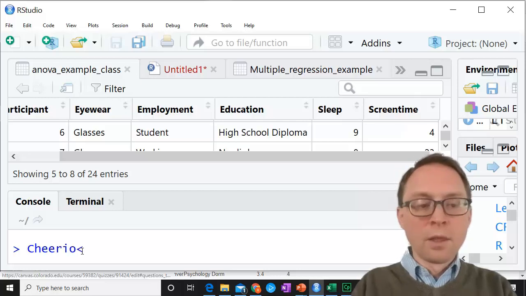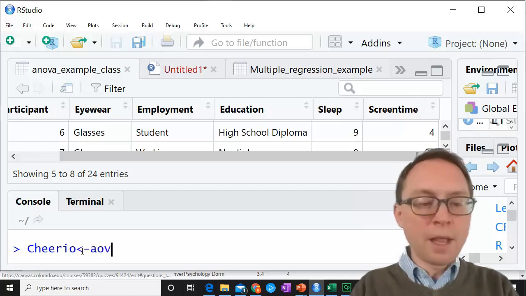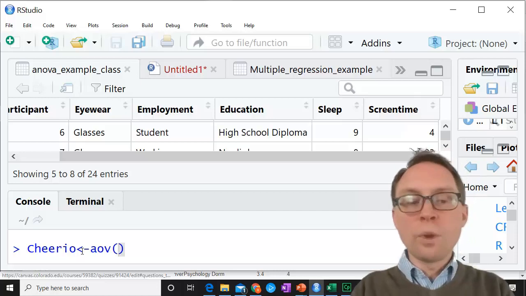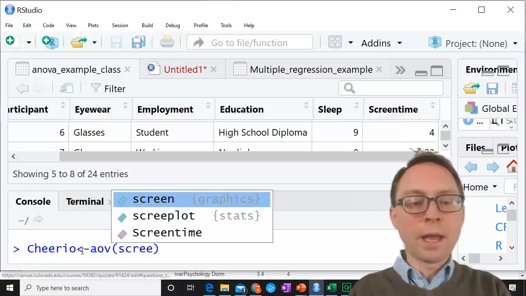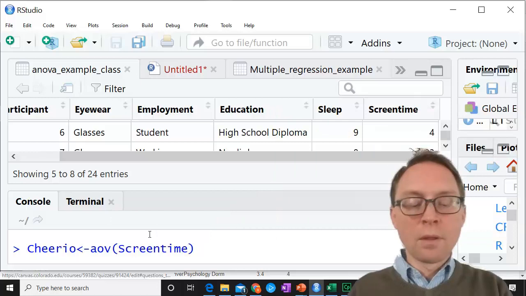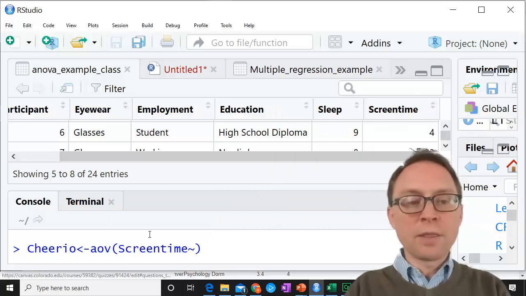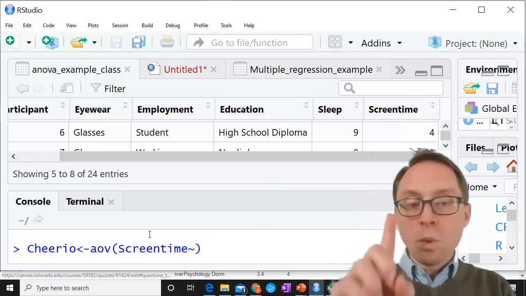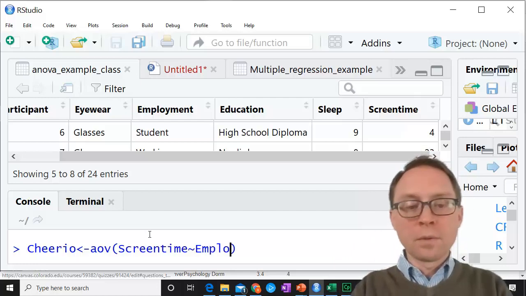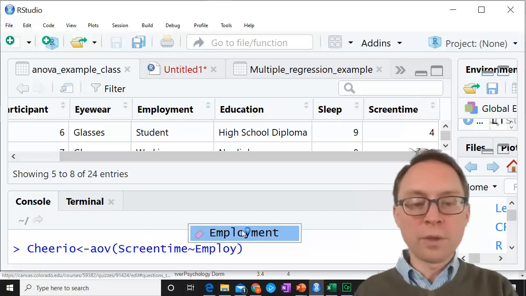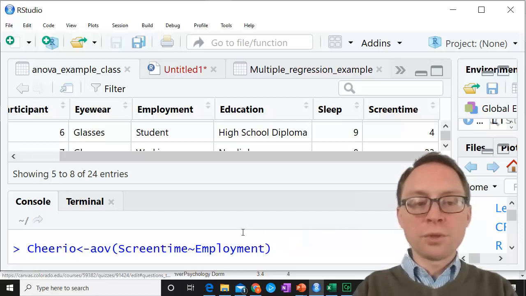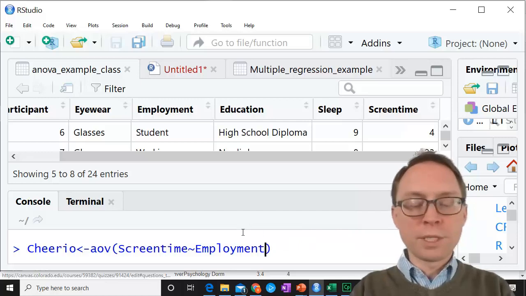Okay. So Cheerio is going to be a model which is an analysis of variance with screen time as a dependent variable divided by, that's the tilde right there, one main effect for employment, right? So I'm going to test whether or not students or workers watch more screen time.